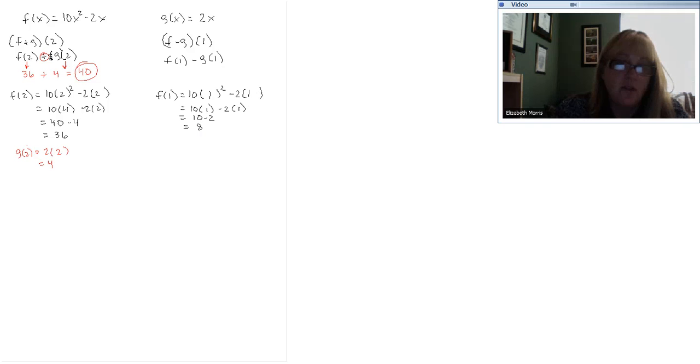So that means f of 1 is 8. Now I'm going to subtract whatever g of 1 is, and I still have to figure that out. G of 1 means wherever there's an x, I put a 1. So what is g of 1? 2. So g of 1 is 2. That means 8 minus 2 is 6.